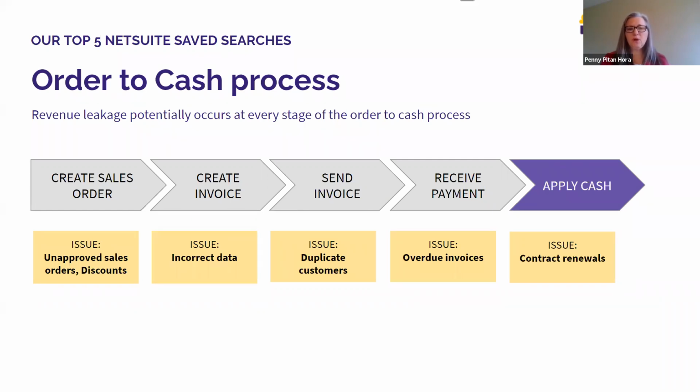All these points along the way are how that invoice is going to flow through your accounting system. And as a controller or somebody working in that order to cash, you want to make sure that you're designing your procedures and you've got your filters and your saved searches and your checklists, all to make sure that this data is flowing through the system to minimize the amount of errors, so that you spend less time fixing those errors and more time being proactive or working on automation or whatever else you need to do for your team.